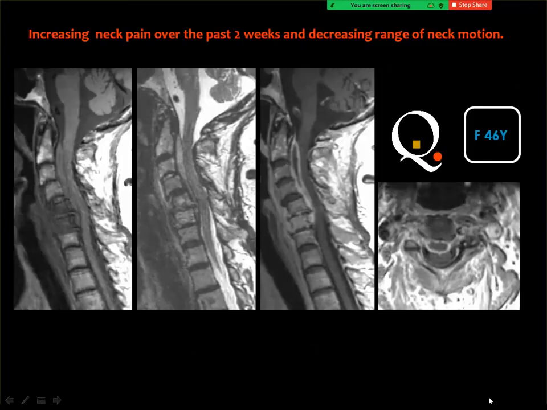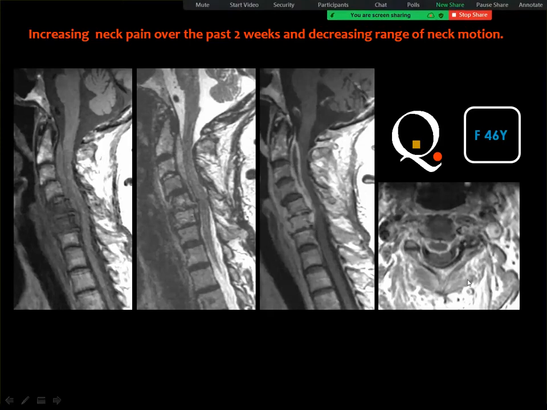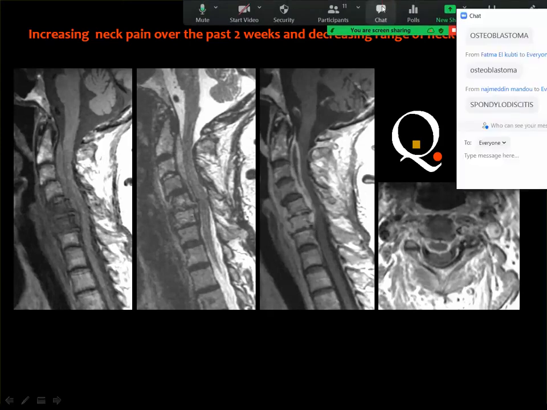Then the next case is a female patient, 46 years old, presented by increased neck pain during the last 2 weeks, and there is decreased range of neck motion, meaning that the neck became stiff. This is sagittal T1, sagittal T2, sagittal T1 post contrast, and axial T1 post contrast.